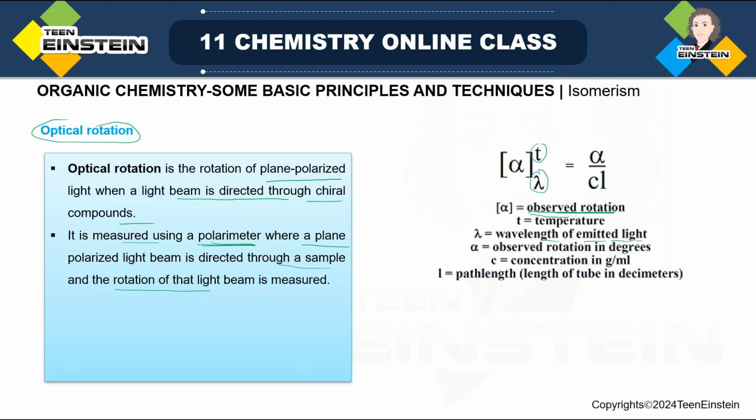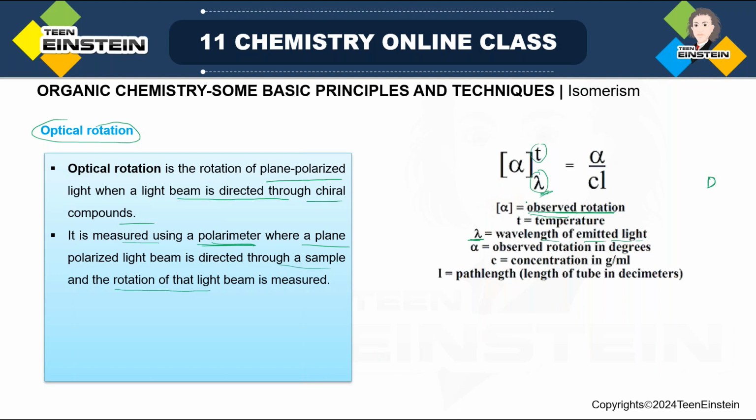So we will fix this temperature and wavelength. That is why which wavelength you have used will be mentioned in this way. Sometimes you will see capital D written. So capital D is basically the sodium vapor lamp. That is, there is a specific wavelength which is used in most cases in the polarimeter during optical rotation measurement.